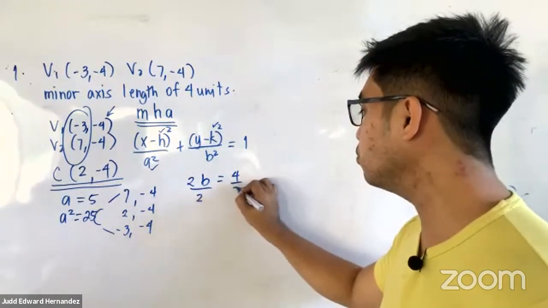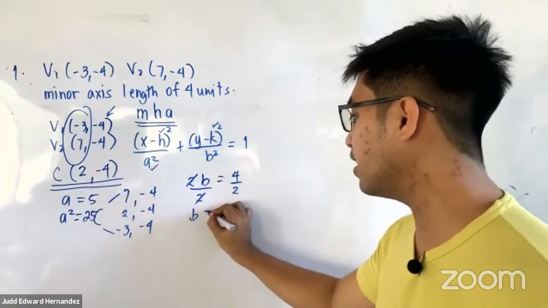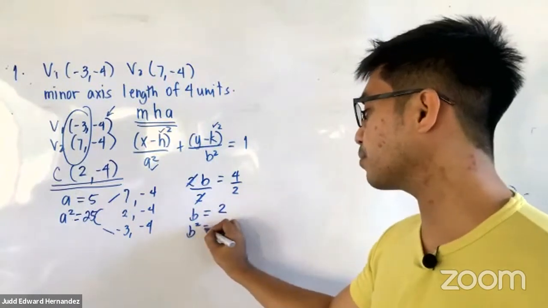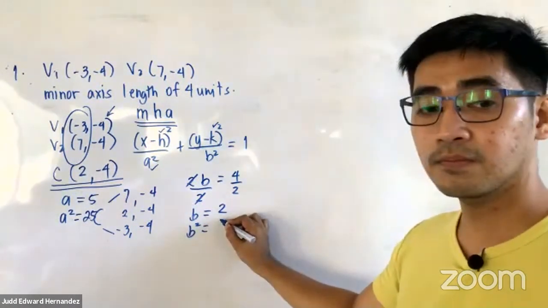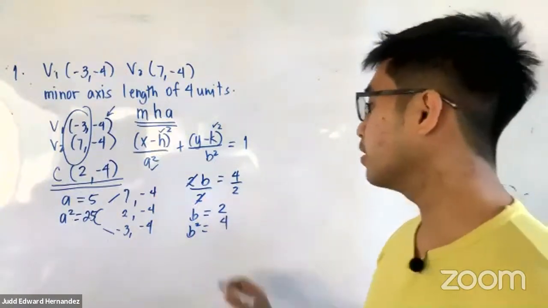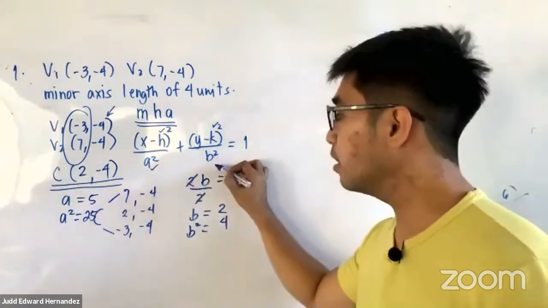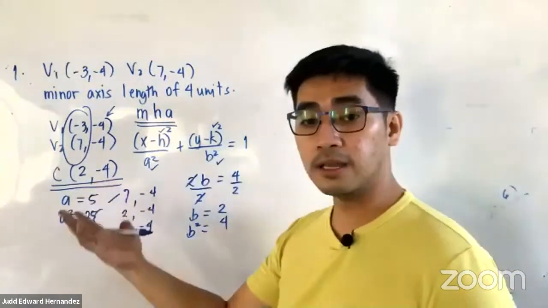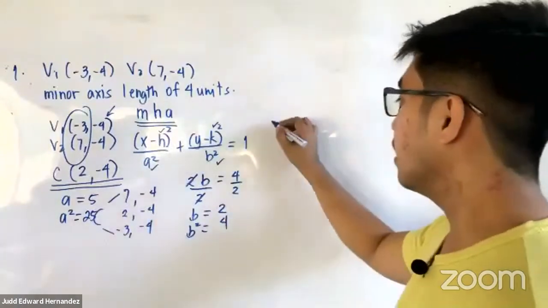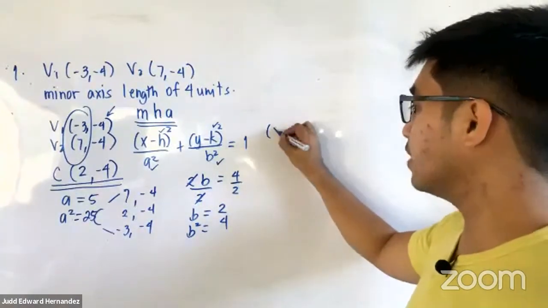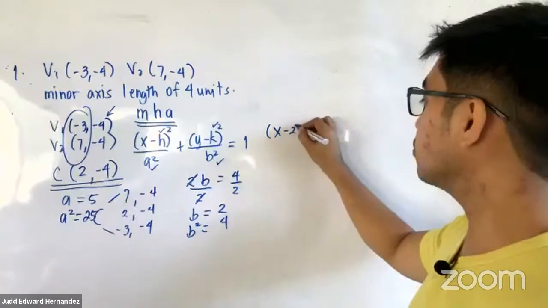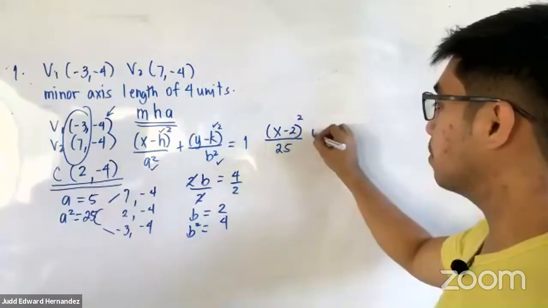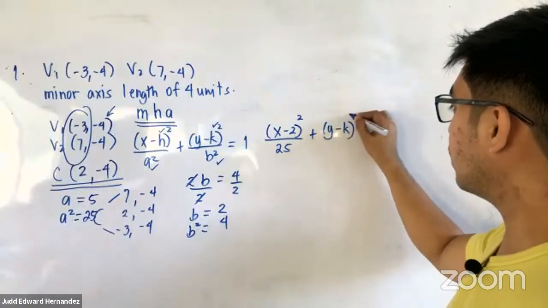Divide both sides by 2. What is the value of B now? B is equal to 2. And what is our B squared? Our B squared is equal to 4. Therefore, we now have A squared, B squared, and the center. Substituting all the important values into our standard equation, we will now be having (x minus 2) squared over, what is our A squared? 25, plus (y minus k) squared.